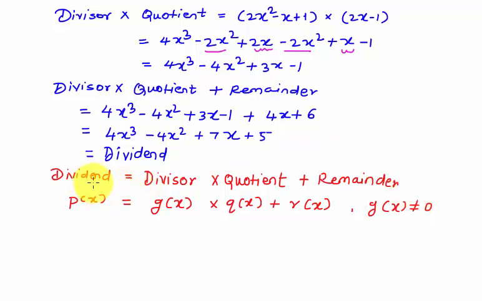So the equation dividend is equal to divisor into quotient plus remainder can be expressed in the form of polynomials.